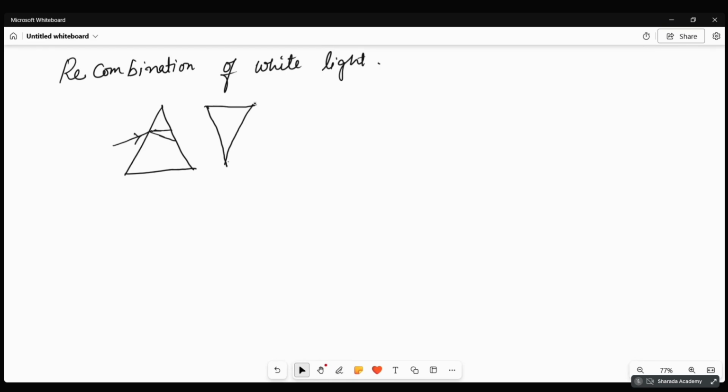The band of colors, that only we call a spectrum.